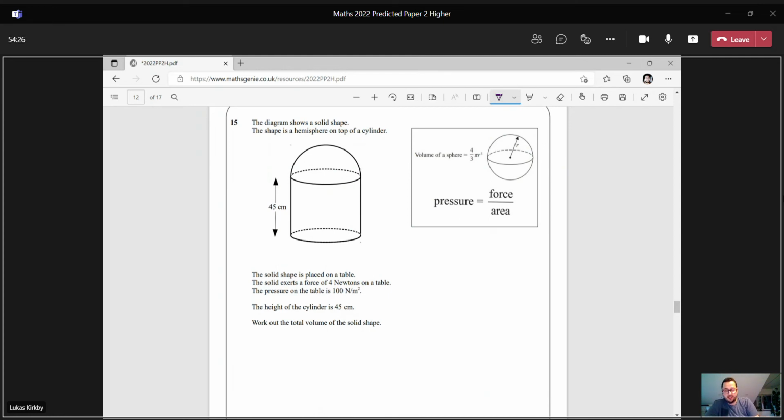Okay, a lot going on, but the first thing I've noticed is that they are giving us the newtons and the pressure, so that can give us the area of the bottom of this shape.